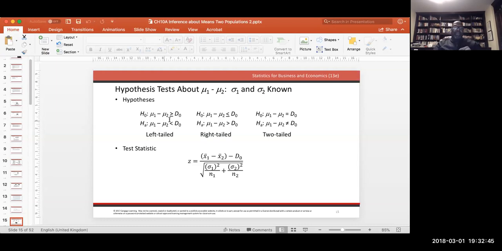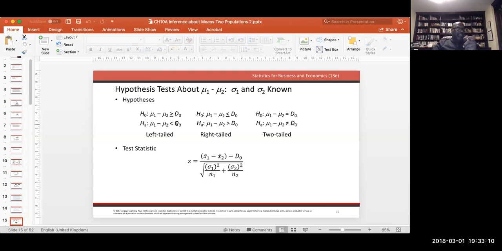An example of that case would be if we believe Halifax has a lower cost of living on average. We try to prove that Halifax, mu1, minus Montreal, mu2, would be less than 0.